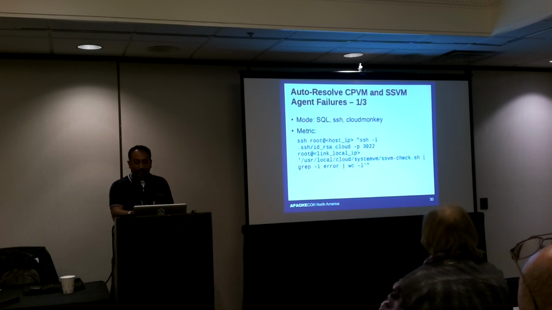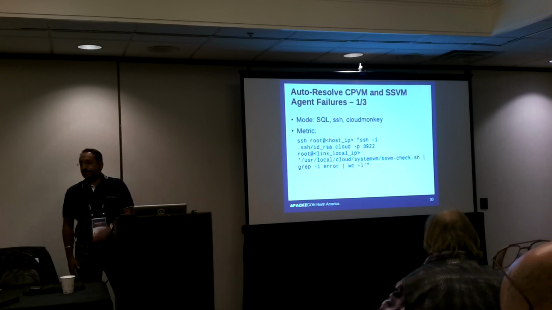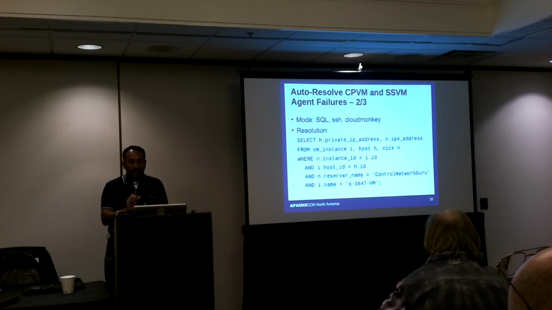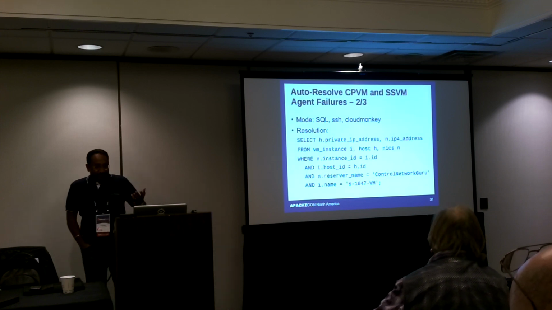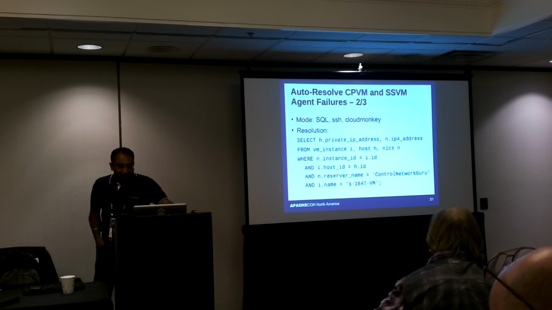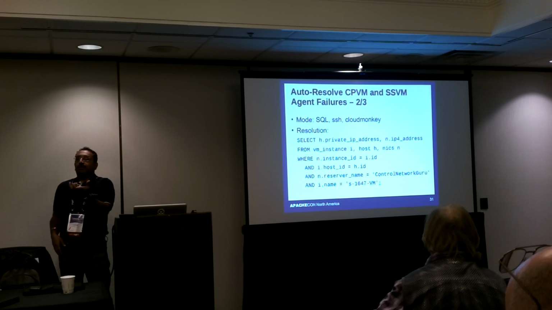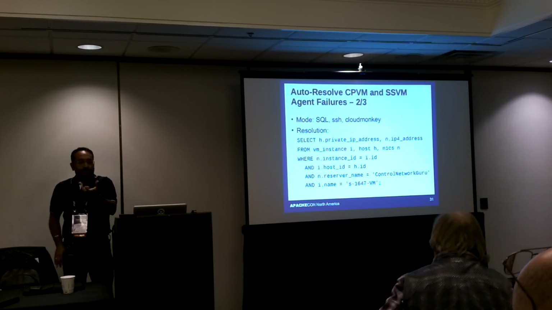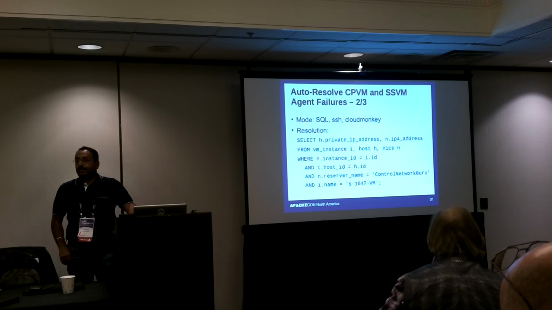The mode that we use for this is a combination of SQL, SSH, CloudMonkey. This is the metric and this is the method to obtain the data. For resolving this, the SQL is to obtain the link local IP and the host IP of any SSVM.